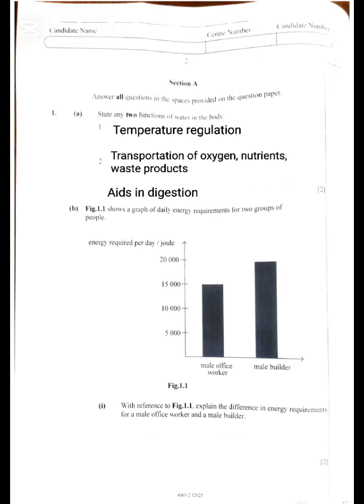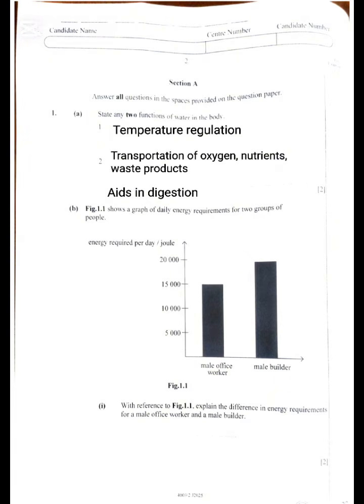Water is very important as it aids in digestion and absorption of nutrients. These are some of the functions of water. The question was just requiring candidates to give two of the functions. So we can now proceed to part B.